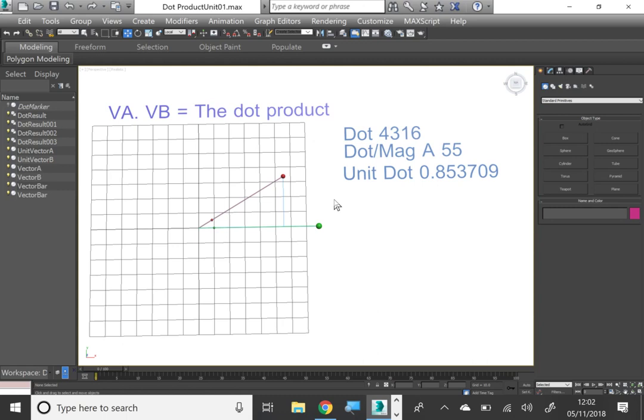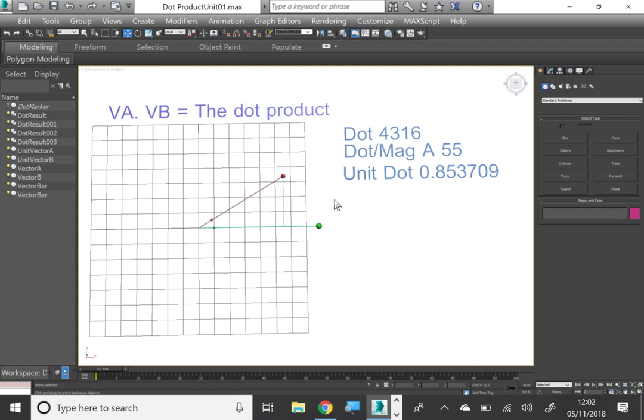And I'm sure you can all visualize that it doesn't matter where those two vectors are in 3D space, there will be a point where there is an angle between them. The exception will be parallel lines. So you can understand the dot product will always give you a cosine of the angle.